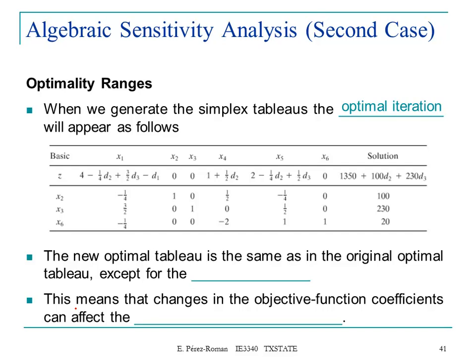So again, I'll go back to understanding what the dual price means, what the reduced cost means, and so on. With that being said, you get that zero row by performing the simplex method, and you still have the same solution. You get x2, x3, and x6, and you have 100 and 230 here as your values for x2 and x3.